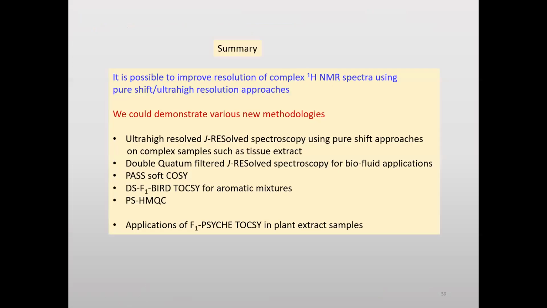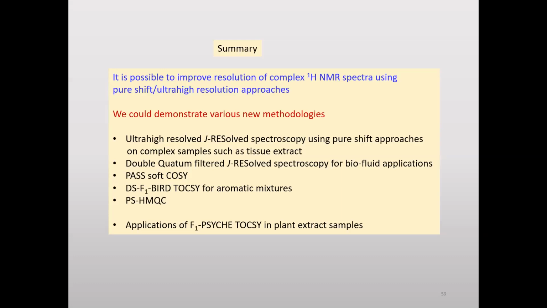So here's the summary. We have shown that it is possible to improve the resolution of complex proton NMR spectra using pure shift or ultra high resolution approaches. We demonstrated ultra high resolution spectroscopy using pure shift approaches on complex samples such as red cortex tissue extract samples.